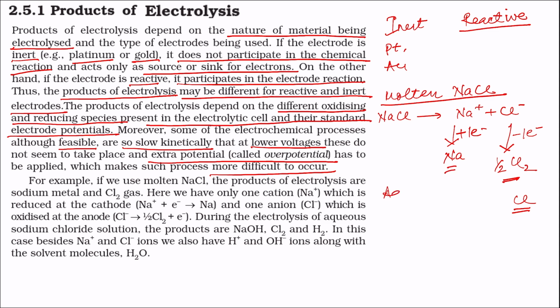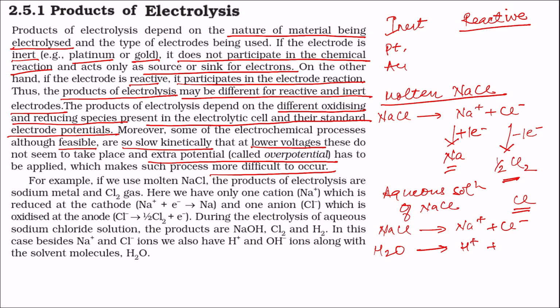But if an aqueous solution of NaCl is used, then NaCl will ionize to form Na+ and Cl- ions, and water will also ionize to form H+ and OH- ions. Now both Na+ and H+ ions will go to the cathode.